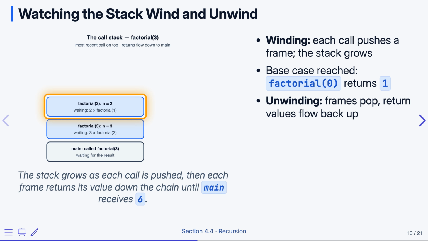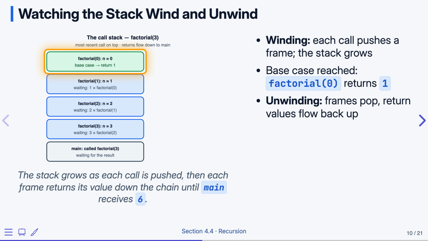Factorial of 2 is pushed next. It is waiting for factorial of 1. Factorial of 1 is pushed on top. It is waiting for factorial of 0. Now factorial of 0 is pushed. This is the base case. It returns 1 right away with no more calls. The stack has finished winding up.